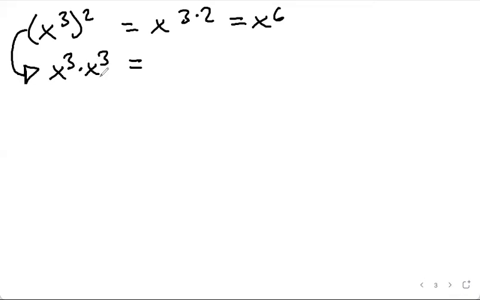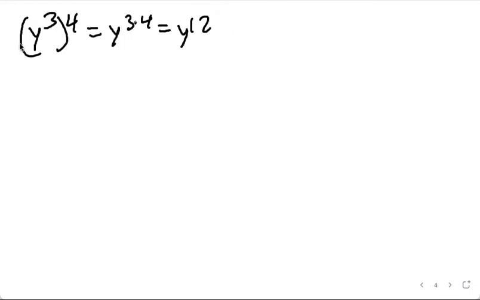So 3 plus 3. Now notice, 3 plus 3 and 3 times 2 are the same thing, right? So that's kind of interesting. But then we get x to the sixth power, which is the correct answer. Cool. What about the next one?